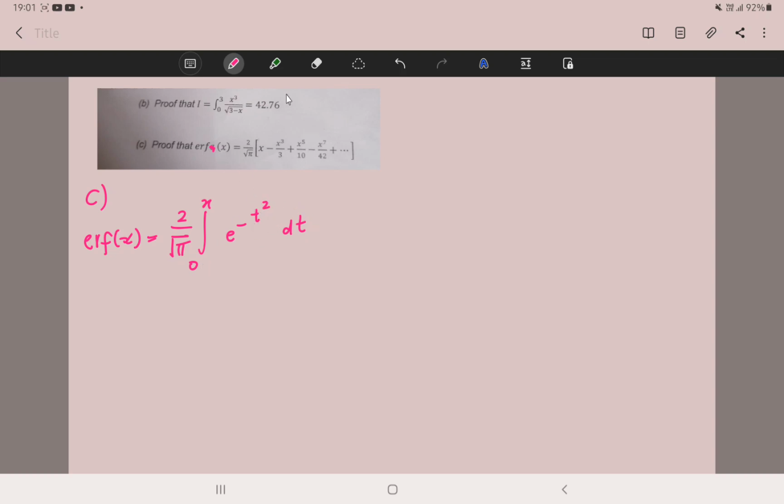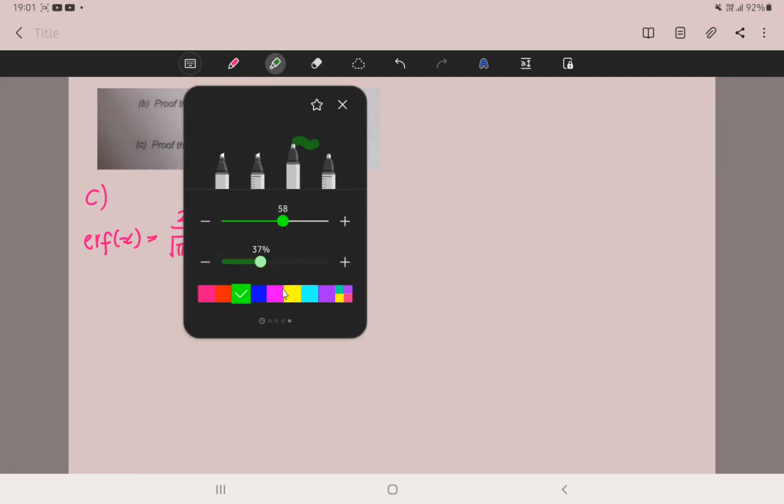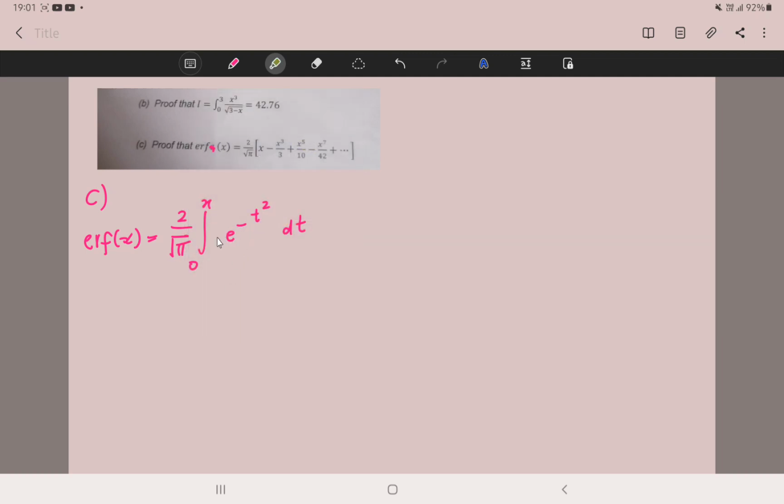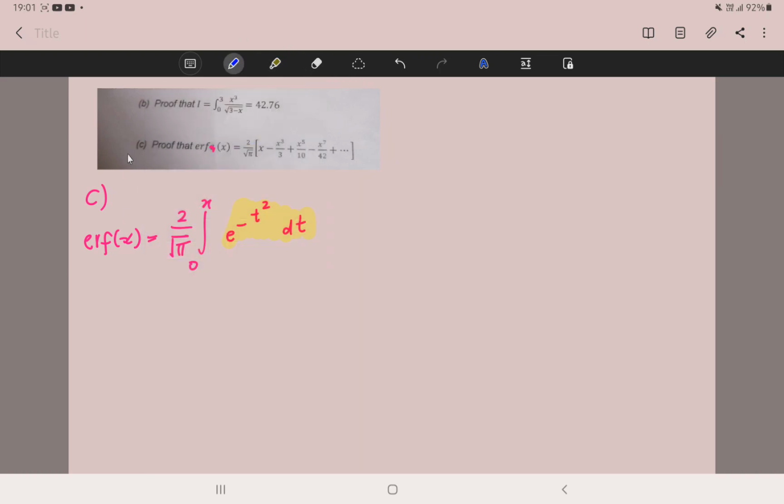Okay, so one thing you need to know is we can actually replace the exponent over here using what? Using Taylor series. I hope you still remember what Taylor series is.